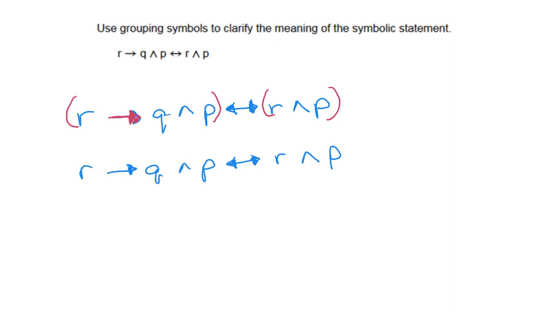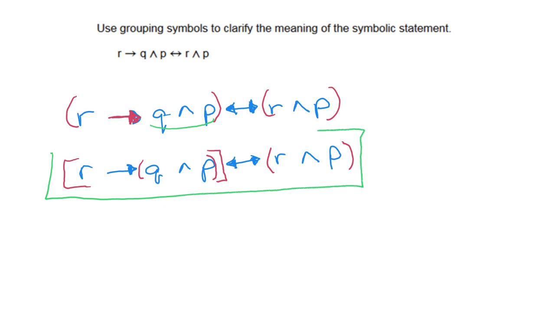So that means what's after the conditional needs to be grouped together. All right. Normally we don't use double sets of parentheses. So in that case here, I would put these in parentheses. But since I know it's also included above the biconditional, I'm going to place brackets. What's in front of the biconditional versus what's after. And what's after can still remain in parentheses. All right, so that last one would be the correct interpretation of inserting the dominance grouping.